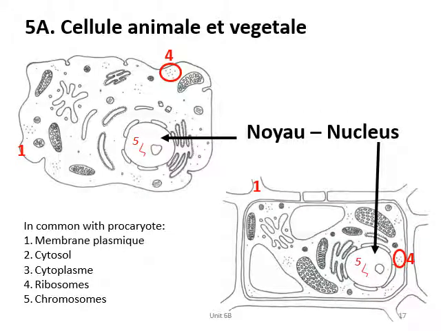Now let's look at eukaryotic cells. Here we have an animal cell, and this is the vegetable cell, the plant cell. We'll look at the things that it has in common with prokaryotes. We see the cell membrane in both.